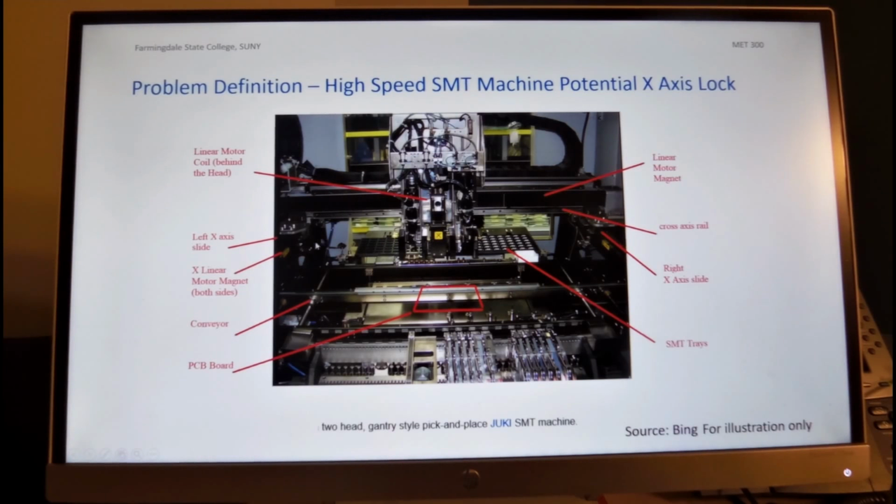In each one of these stages, we have linear motors, which is a high-speed device, to run the coordinate in x and y direction. The machine carries heavy-duty weight and places surface mount devices on a PCB which runs on a conveyor belt.